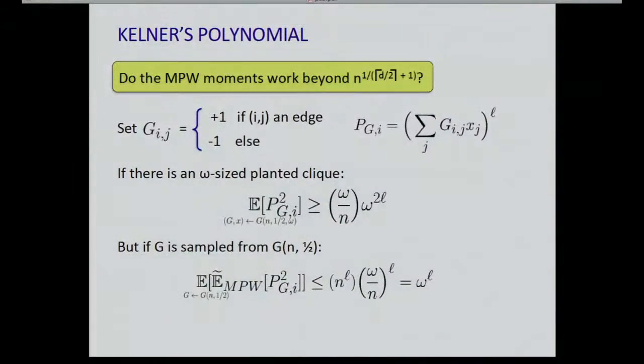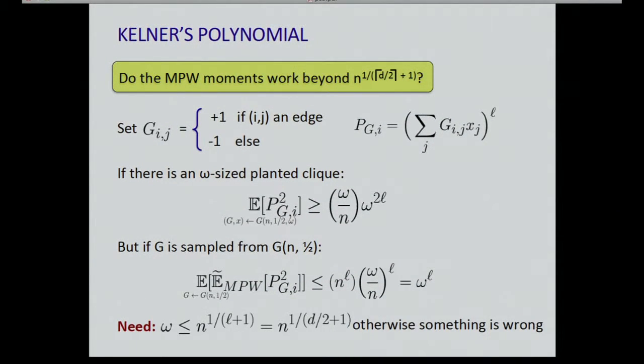So you get an omega over n to the L. Now the trouble is that these two things are different, so already you can see that something fishy is going on, which is that when m is actually too large, when it's close to root n, then actually this quantity is way too small compared to what it should behave like on the actual distribution we want to fool you into thinking it comes from.